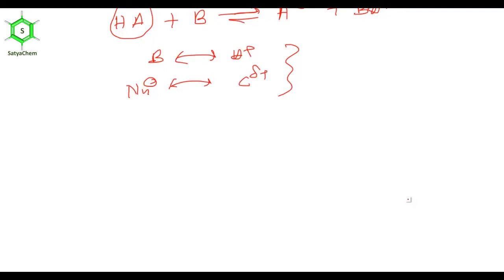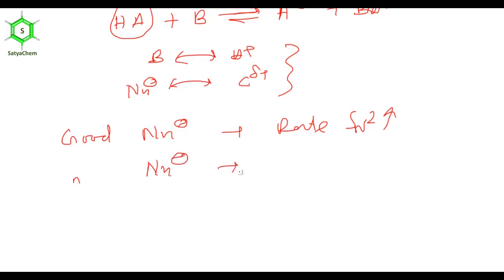And with a good nucleophile, the rate of SN2 reaction will increase. With a good nucleophile, there may also be a changeover in the reaction pathway from SN1 to SN2. Clear?